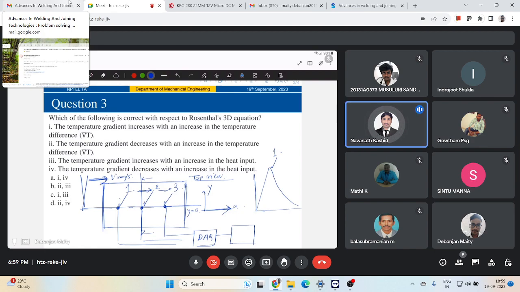The temperature will be decreasing. Why? Because this is in the same plane. I'm not talking about the transverse plane away from this center line.